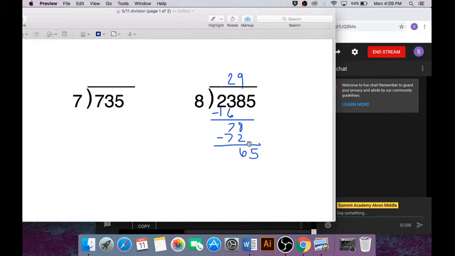Now we need to see how many times 8 goes into 65 without going over. It's going to be 8. 8 times 8 is 64. And we're going to subtract. 65 minus 64 is 1. We don't have any numbers to bring down, so our answer is going to be 298 remainder 1.